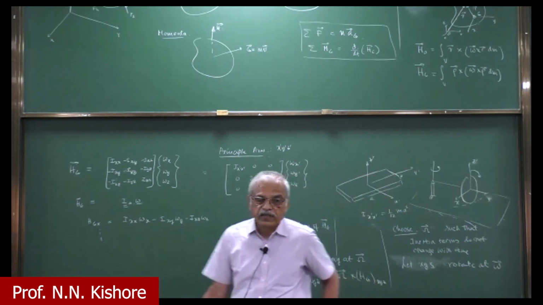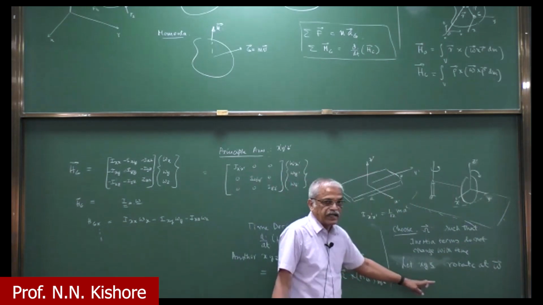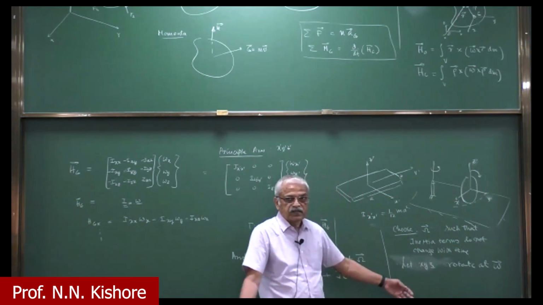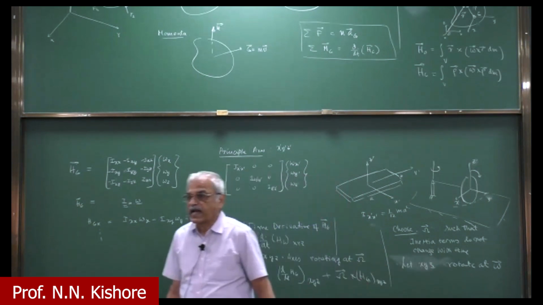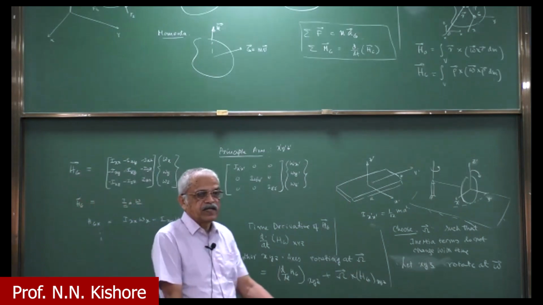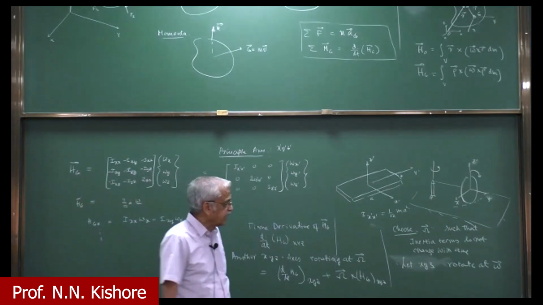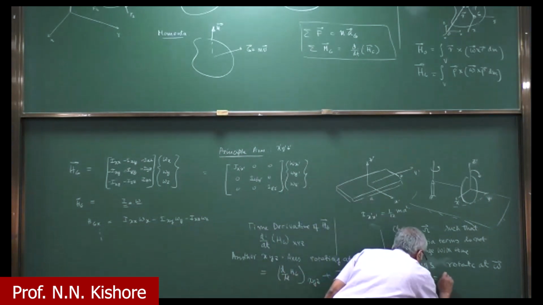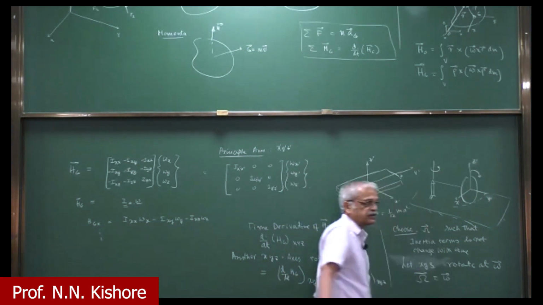So this is one simple thing: if you fix the set of small xyz axes on the body, so it is rotating at the same speed as the body, then big omega is the same as small omega.